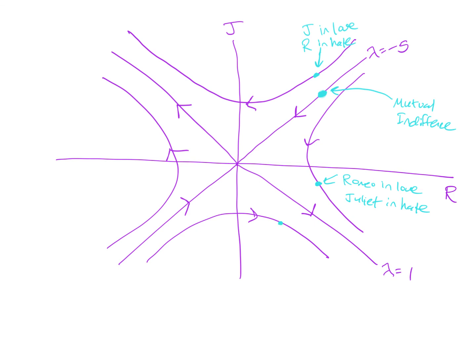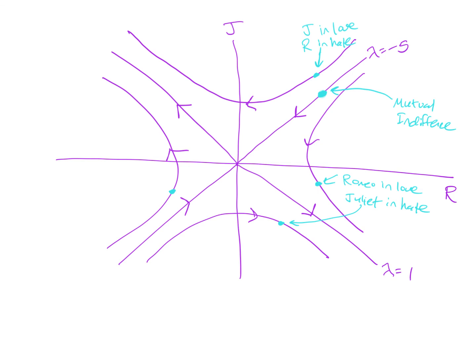If they start anywhere here, same, Romeo in love, Juliet in hate. That one also. And then if they start anywhere on this solution curve, they have the same outcome as this one. They land over here, Juliet in love, Romeo in hate.